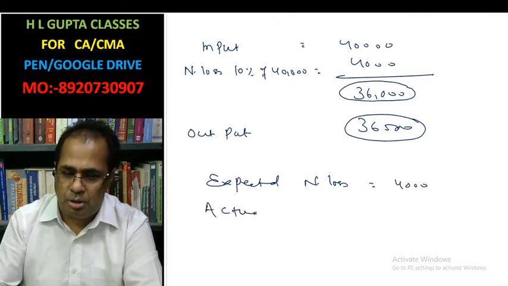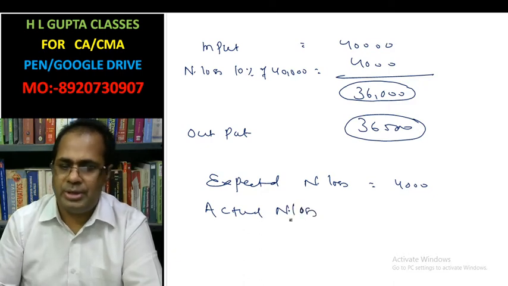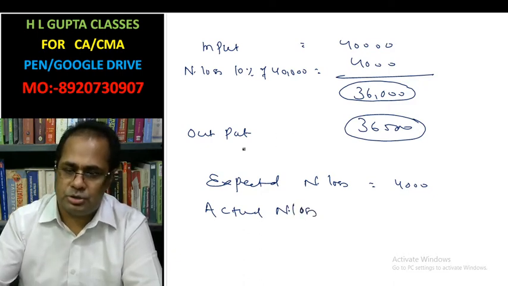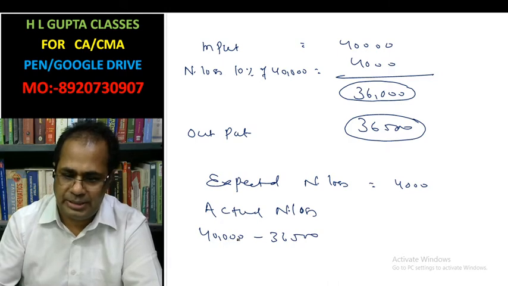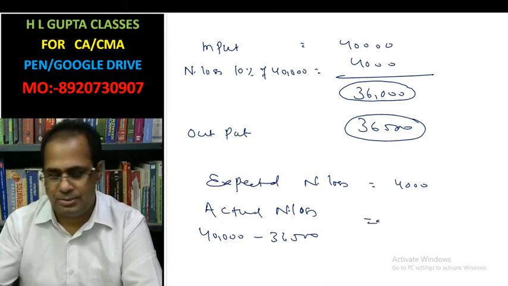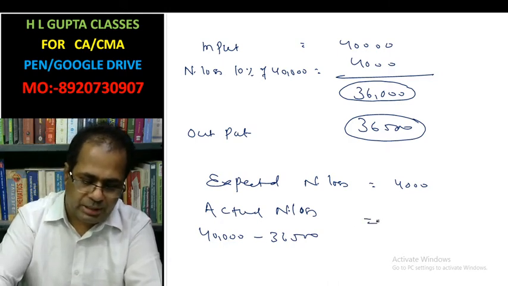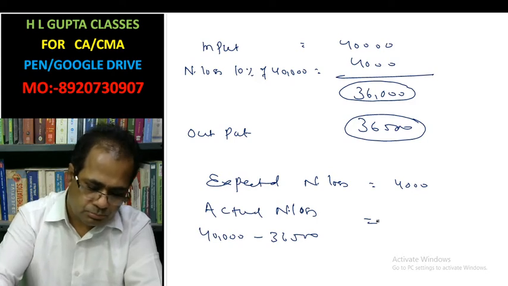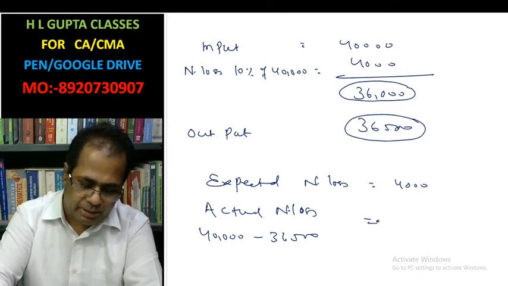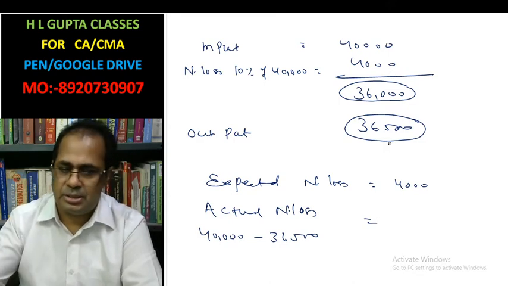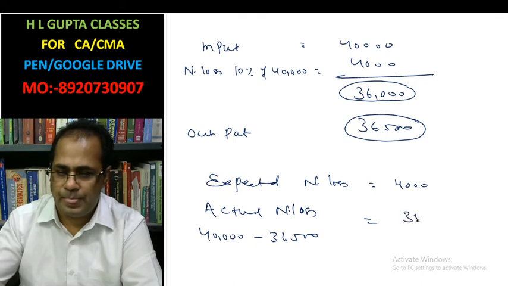Actual normal loss: what is the actual loss? Input 40,000 minus 36,500 is 3,500.